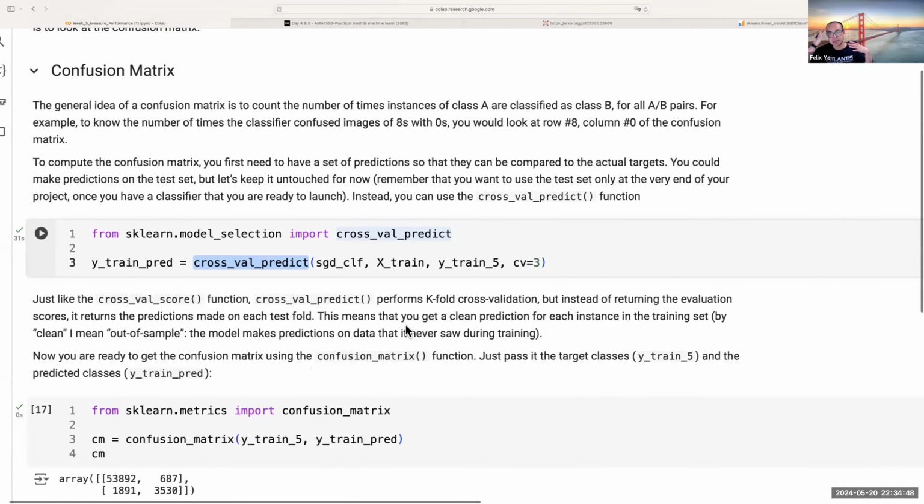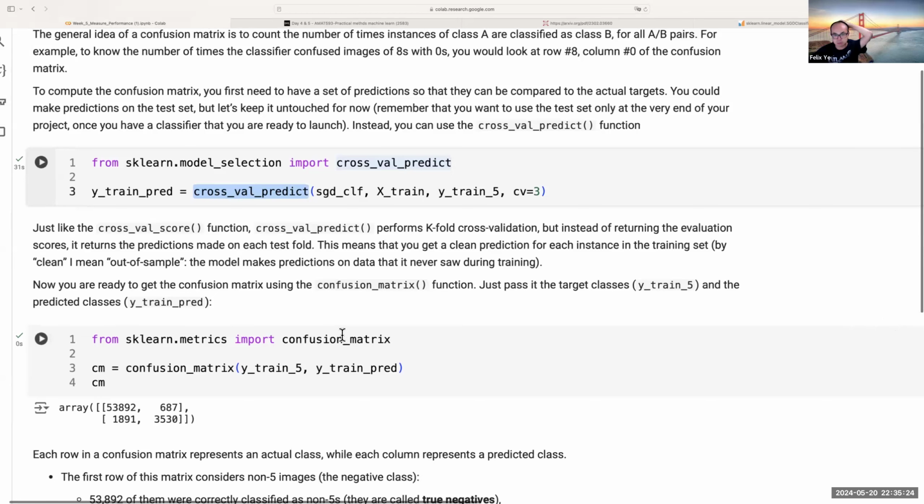That means we are getting very clean predictions for each instance of the training set. It's always out of sample, so the point we're predicting is never in the training set. This gives a good quality estimate of generalization error. The model makes predictions on data it never saw during training. This is very, very important.